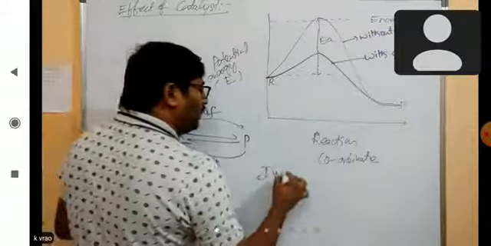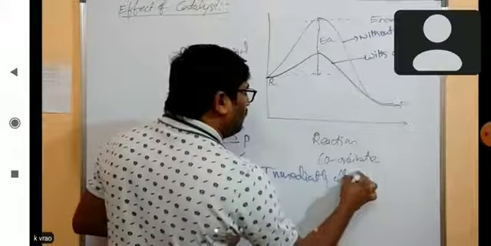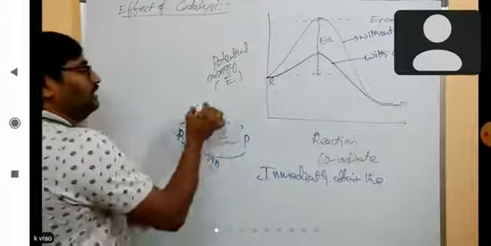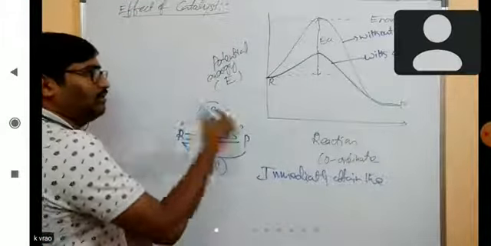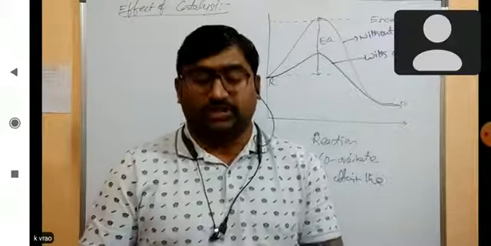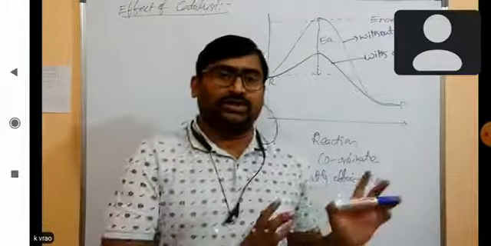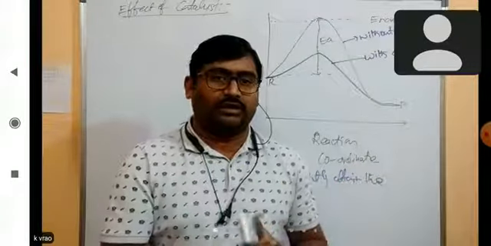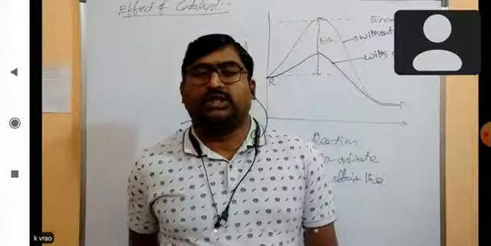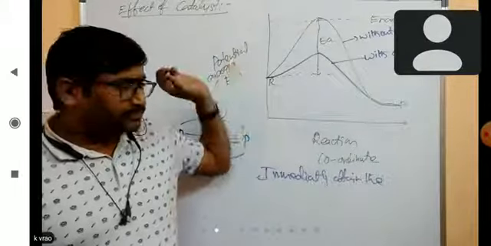It immediately attains the equilibrium. And it doesn't appear in the rate expression. This terminology we can read in chemical kinetics, no need to worry about it now. Got it? Effect of catalyst.